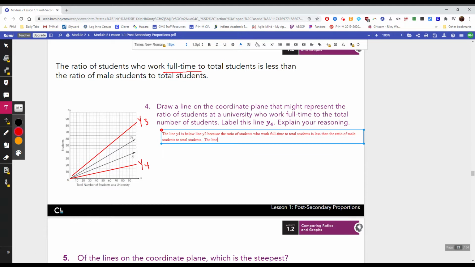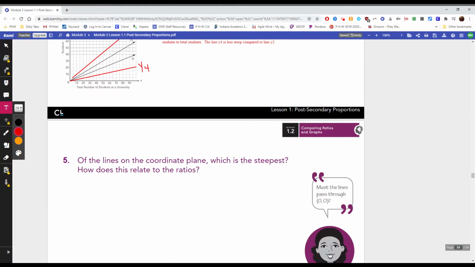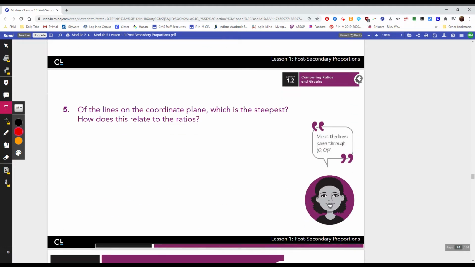So the line Y4 is less steep compared to line Y2. So less steep, it's going to be below it. All right, let's wrap this activity up.